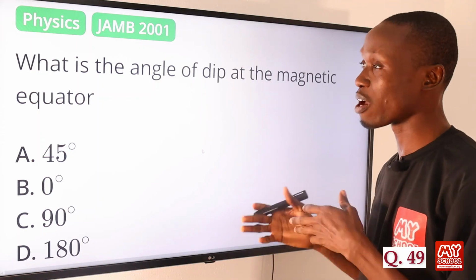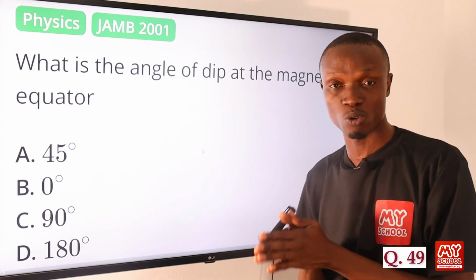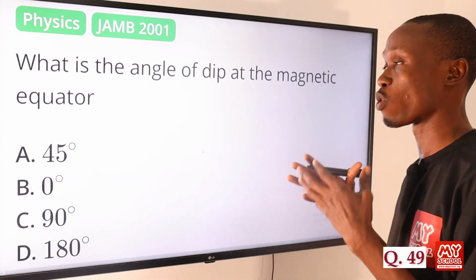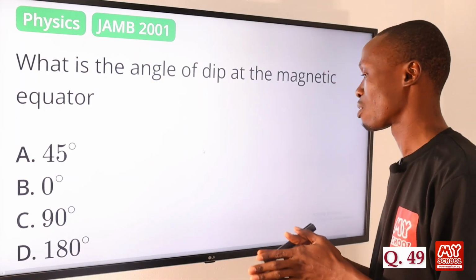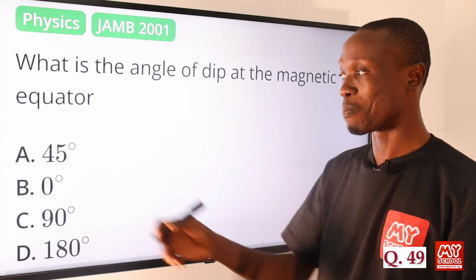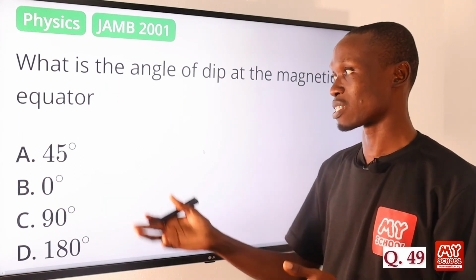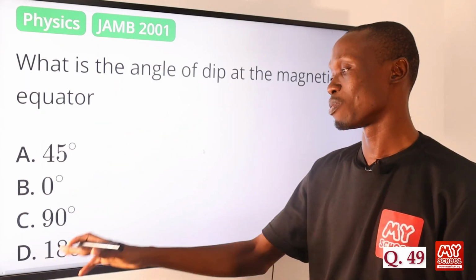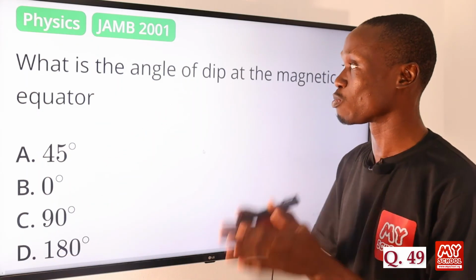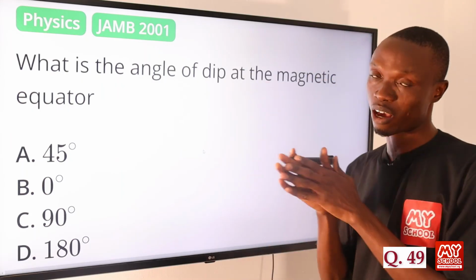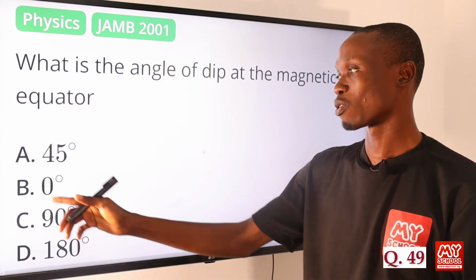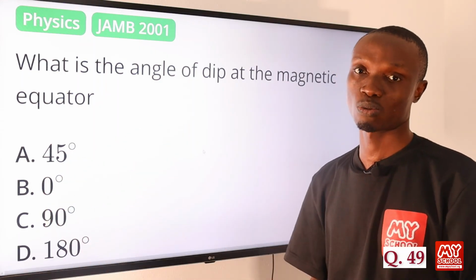At the equator, the angle of dip is 0 degrees, while at the north and south pole, the angle of dip is equal to 90 degrees. So the answer to this question is option B, 0 degrees. The answer cannot be 45 degrees, 90 degrees, or 180 degrees, because the angle of dip at the equator is equal to 0 degrees. So that makes option B the correct answer.